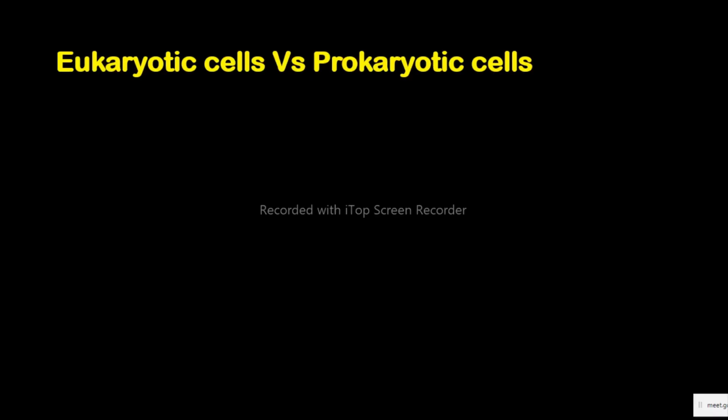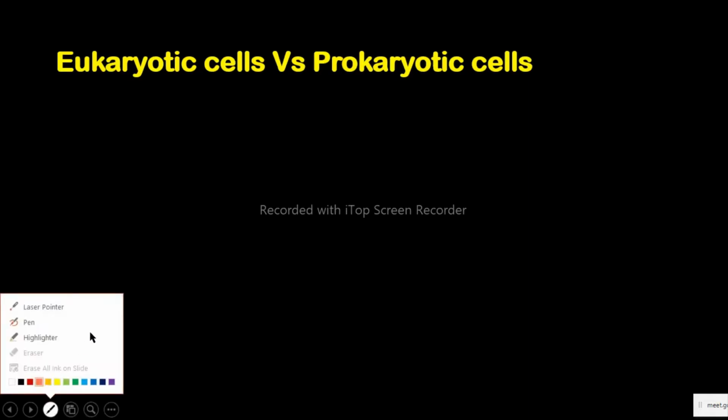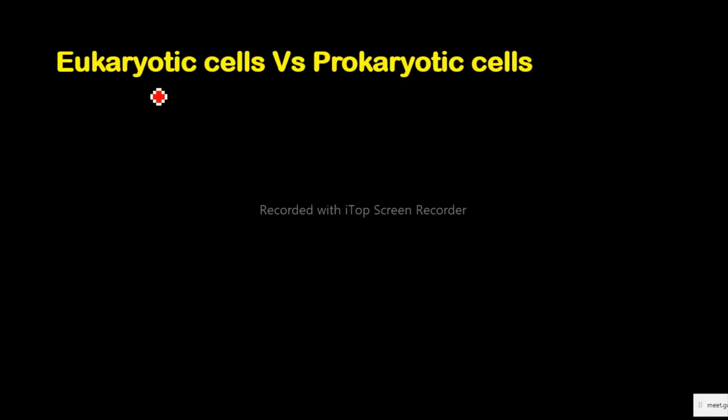We see what are eukaryotic cells and what are prokaryotic cells. Now, with these eukaryotic cells, the word comes from two Greek words: eu, which means true, and karyotic, which means nucleus.